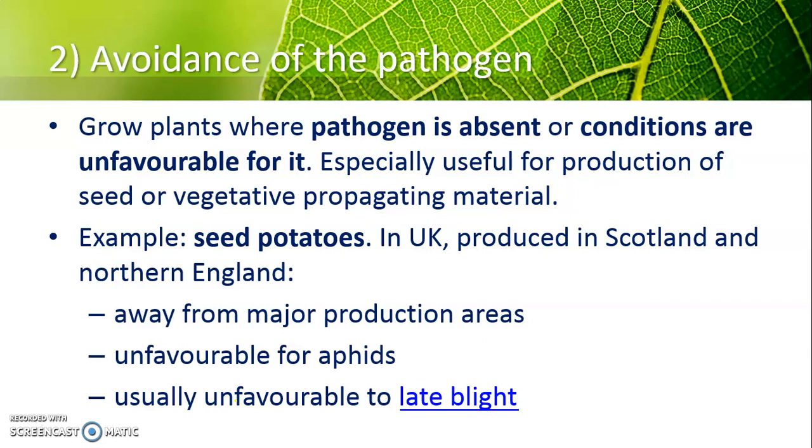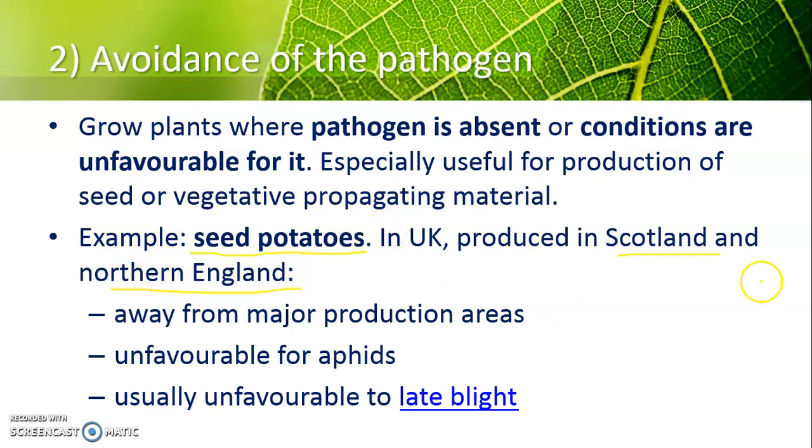Okay, so for example, seed potatoes. In the UK, they grow and produce their seed potatoes in Scotland and also northern England. Why? Because they want to avoid the pathogen.